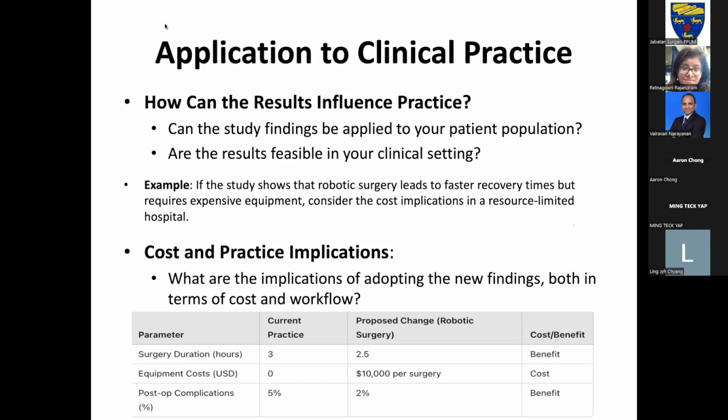If it goes higher, then it's a cost. When it comes to equipment costs, you already have equipment costs, but for robotic surgery, you have got all your consumables, which cost 10,000 per surgery, which actually increases the cost. When you talk about post-op complications, you are talking about whether it actually is going to be beneficial or not. So these are the kind of things you want to look at to see whether these things are beneficial for your practice.